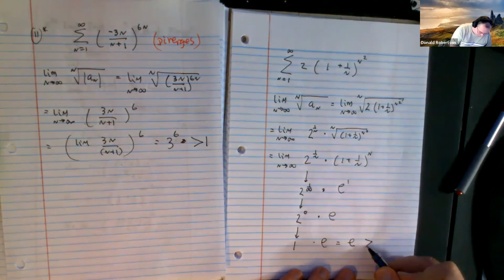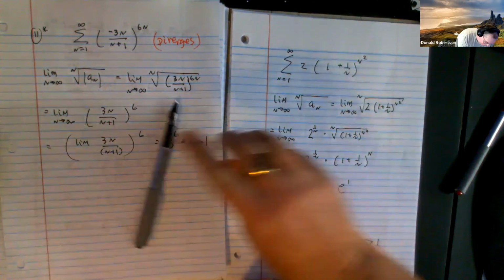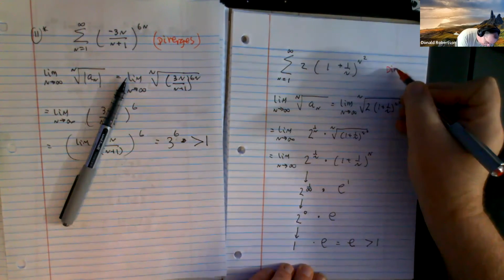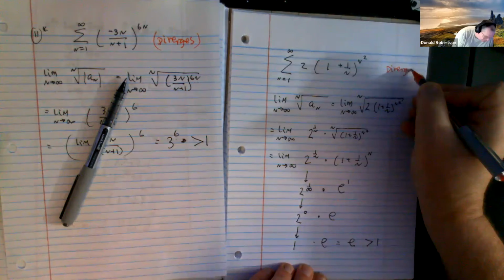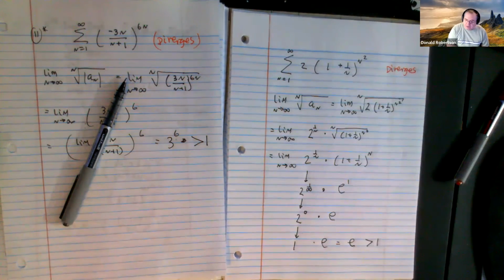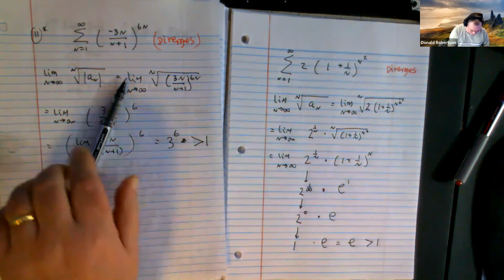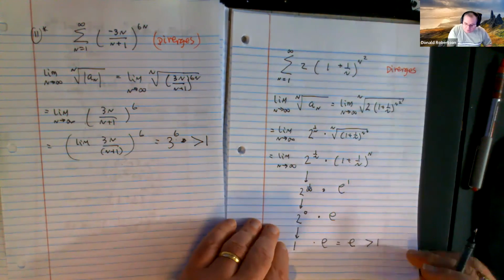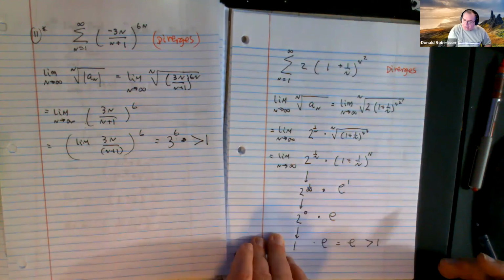Oh, another bigger than 1. So this one diverges. Are we good? Any problems with that one?